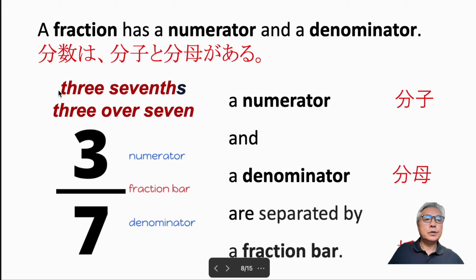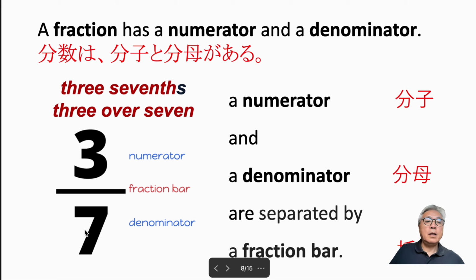Okay, this number, 7分の3. In English, you call it 3 sevenths. S がつきます。3 sevenths. Or 3 over 7. You can say 3 over 7 as well, but I hope you will try to read 3 sevenths.